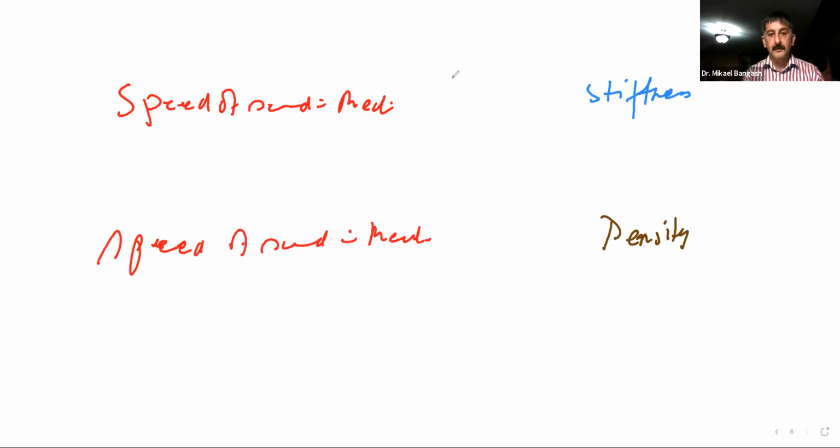Now there is a cheat, and the cheat is SS. Because the speed of sound is going to be directly proportional to the stiffness of the medium. And what does that mean? That you can say the greater the stiffness, the greater the speed.